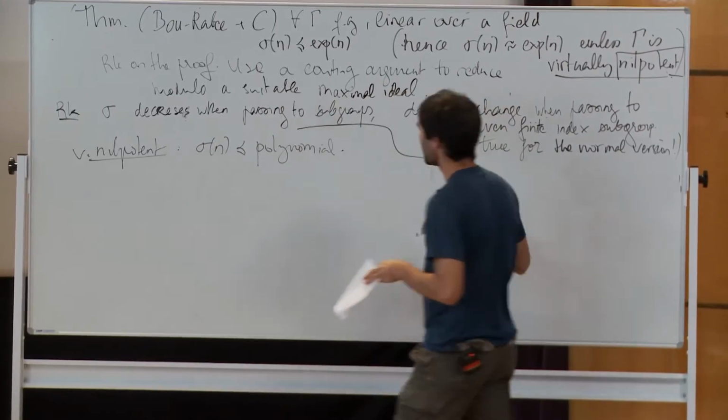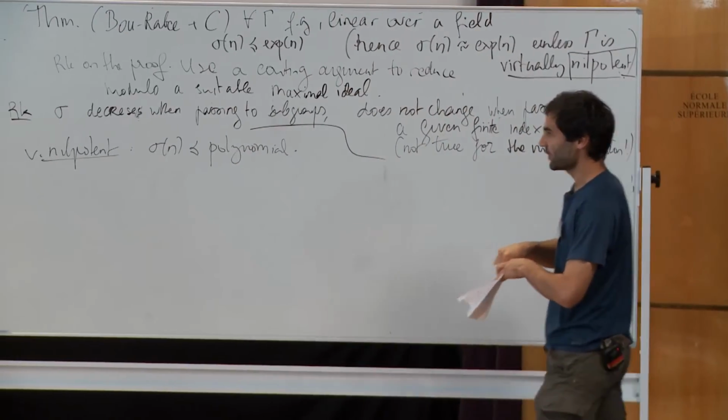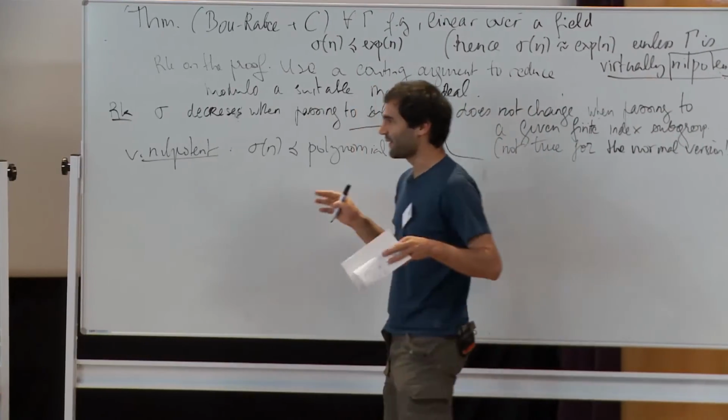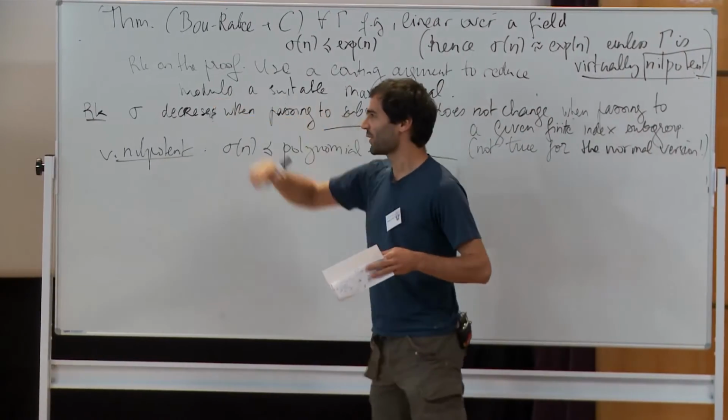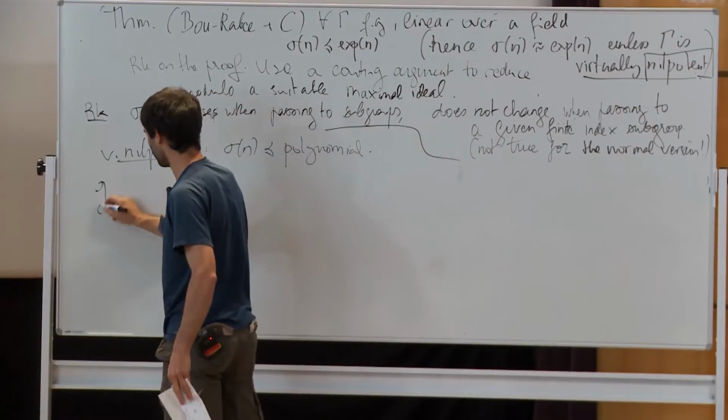So I should say one example. Actually, that's basically the only example that occurs in this Gromov paper: the Heisenberg group.